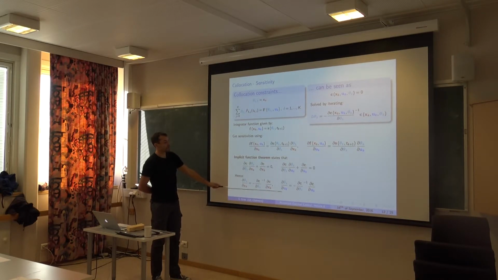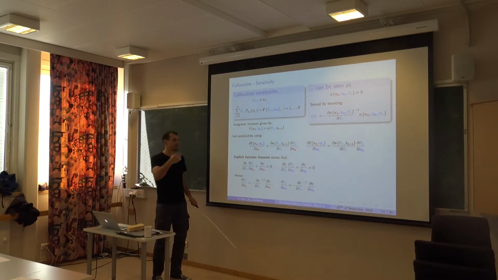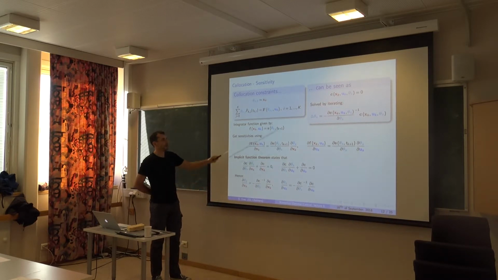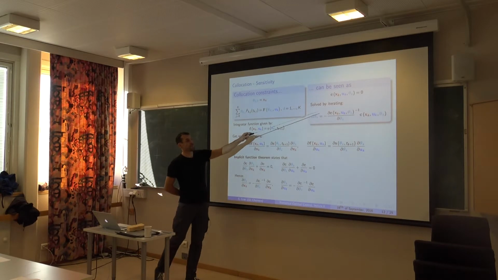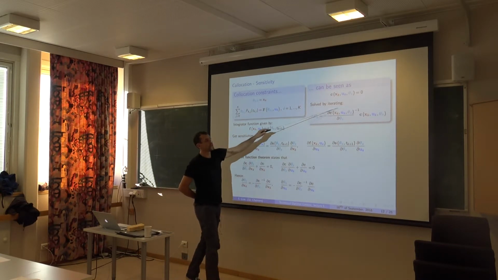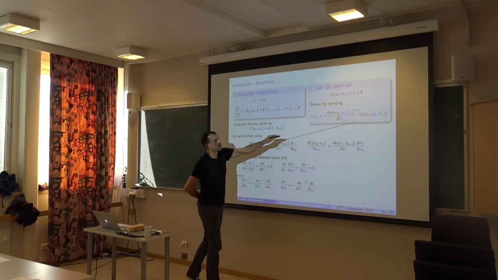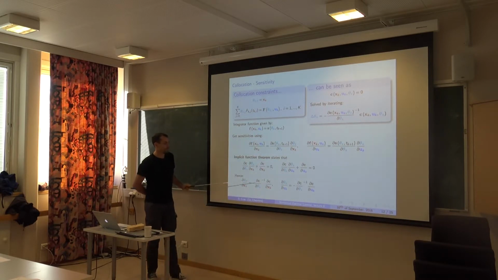Again, we saw that differentiating an explicit Runge-Kutta scheme is quite expensive. You have all these A and B matrices to carry around. For a collocation scheme, it comes for free because you run Newton on your equations, you need this matrix inverse or a factorization of it, and you can reuse it to do essentially the sensitivities.